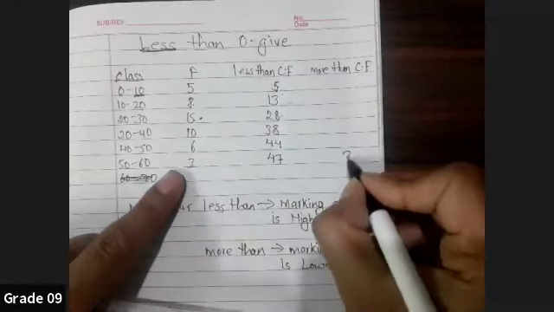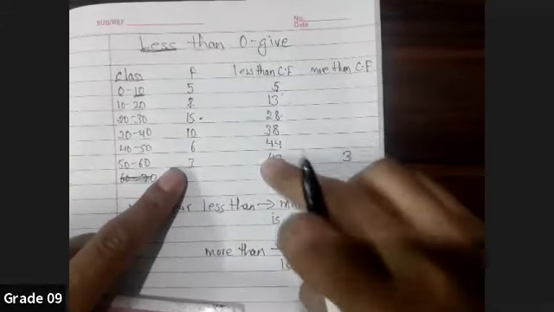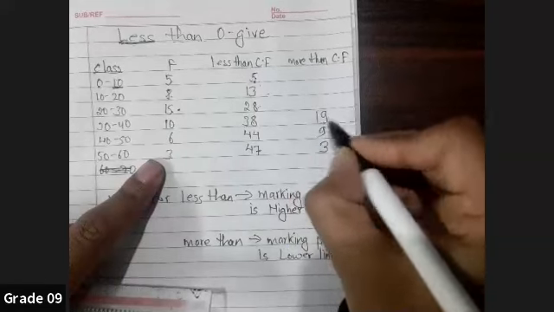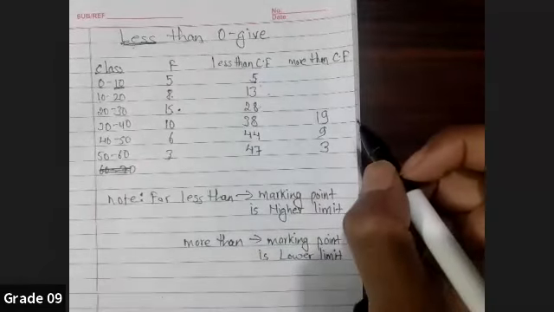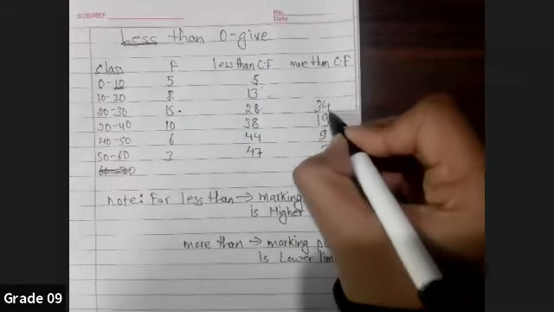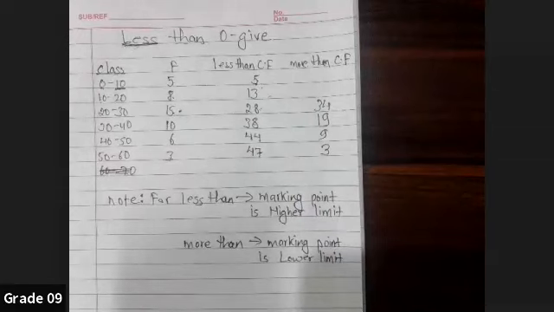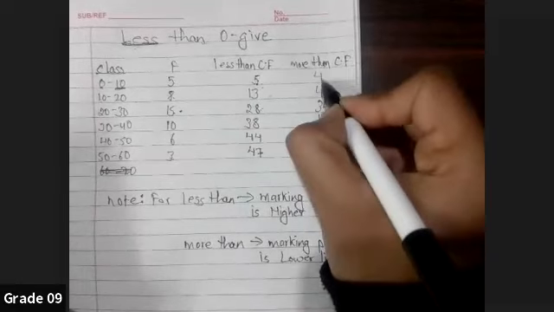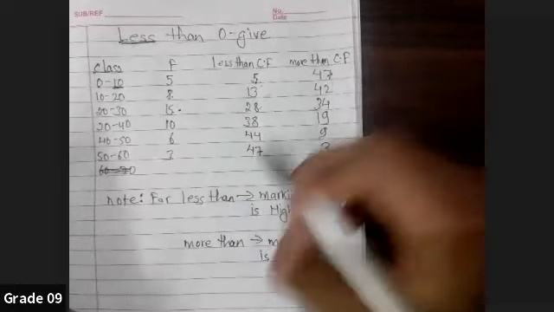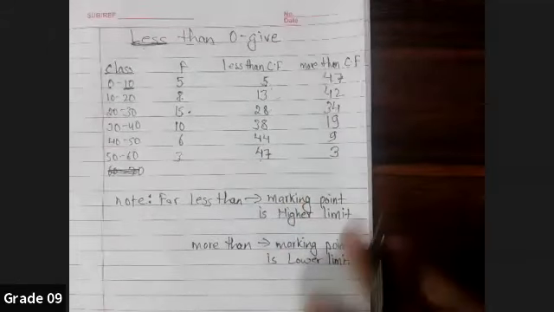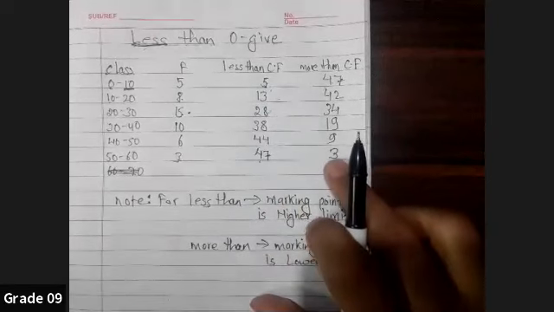So I'm going to write 3 here, remember, your starting value is your last value. 3 plus 6 is 9, 9 plus 10 is 19, and 19 plus 15 is 34. 34 plus 8 is 42, and 42 plus 5 is 47. If this value and the total match, then you must know that you have not made any mistake.